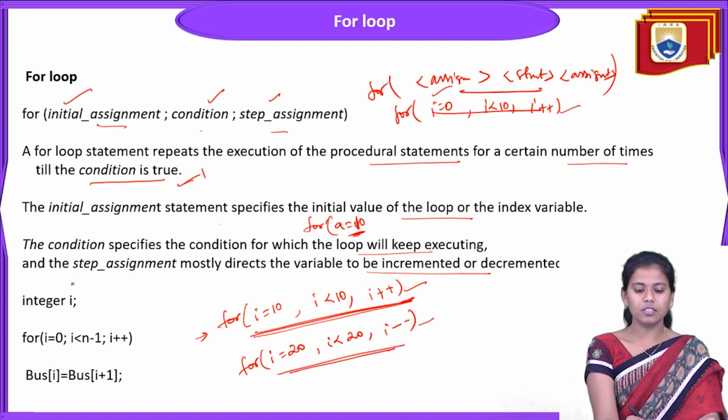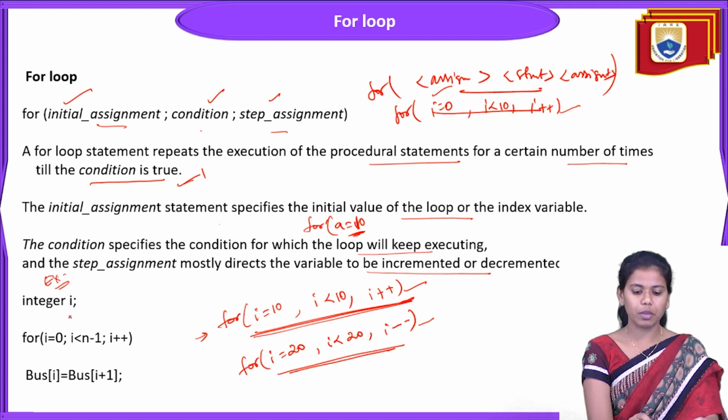And then here this is an example. In this particular example, I'm initializing my variable I, integer I. For I is equal to 0, I less than n minus 1 and I plus plus. Okay, and then bus I. So here what am I doing? I'm incrementing, right?